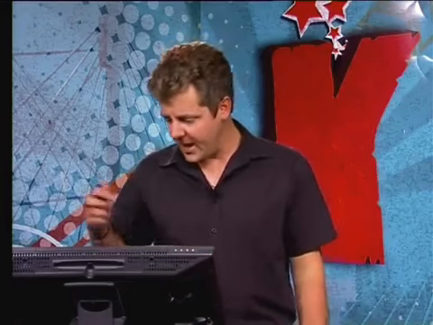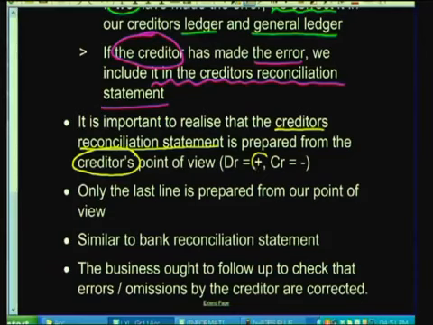It's the reverse of what we have in our own books. The same thing applies to the creditor's reconciliation. Anything that increases our account with a creditor is going to appear on the debit side of the creditor's reconciliation statement. That's very important because this is done from the creditor's point of view.